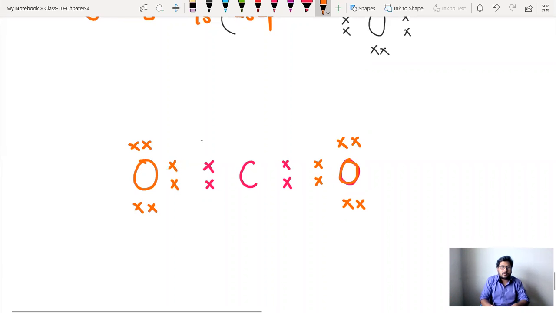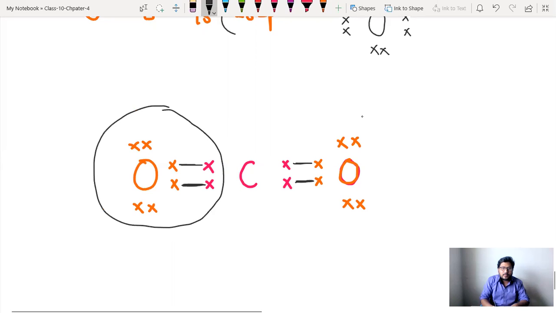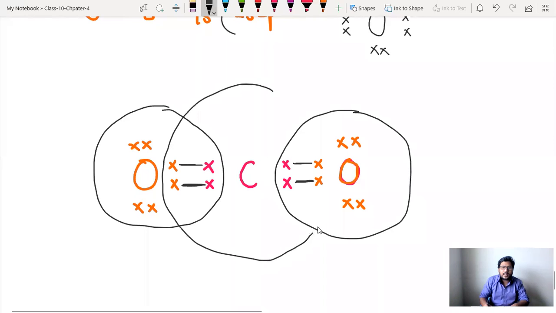Now what will it do? This electron from oxygen will share with this electron, and this electron from oxygen will bond with this electron from the carbon. And this side oxygen and carbon electrons will share. This side also oxygen and carbon will share. Now it will become one stable atom.